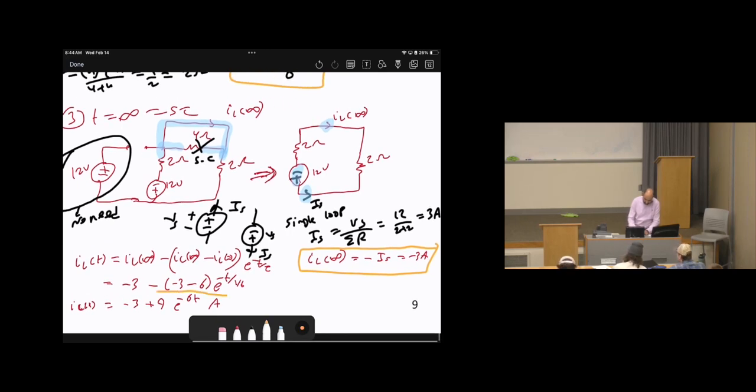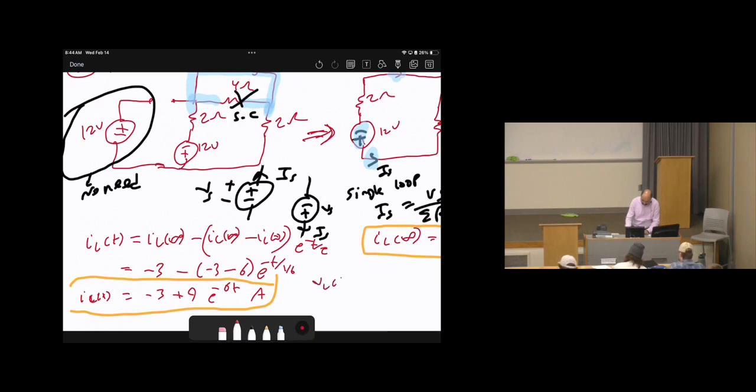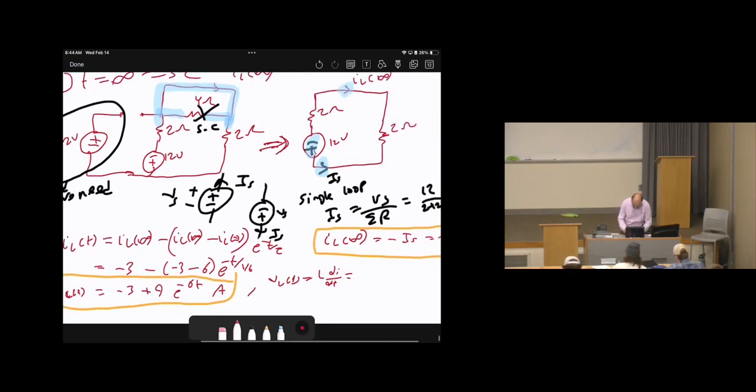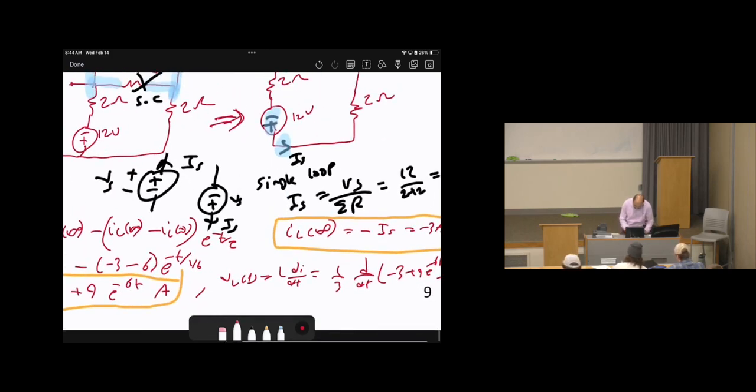Then box your answer. The last thing is to calculate VL of t. VL of t is L di by dt. L here is given as 1/3, so it will be 1 over 3 times the time derivative of negative 3 plus 9 e power negative 6t. So it will be 1/3 times 9 times negative 6 e power negative 6t.